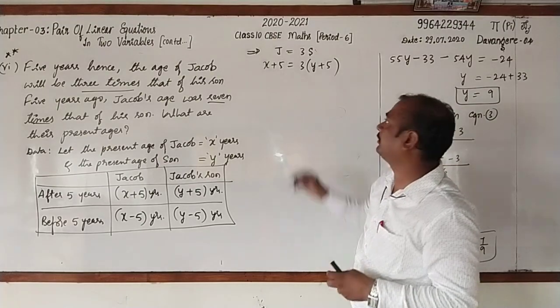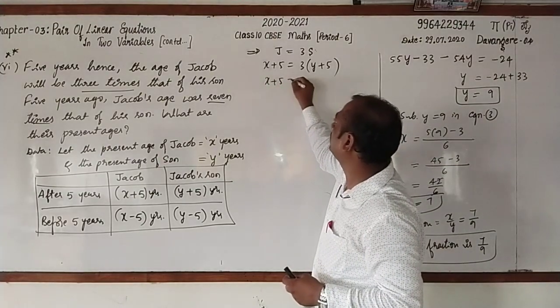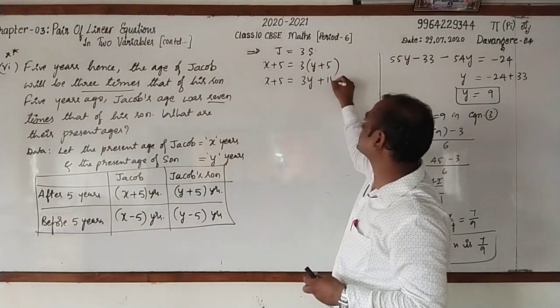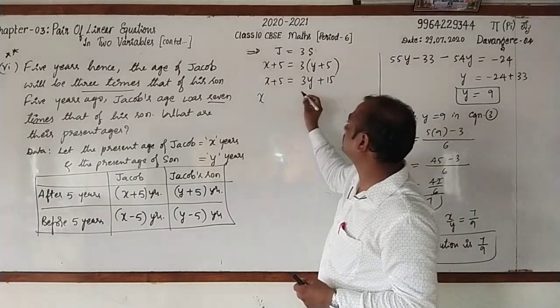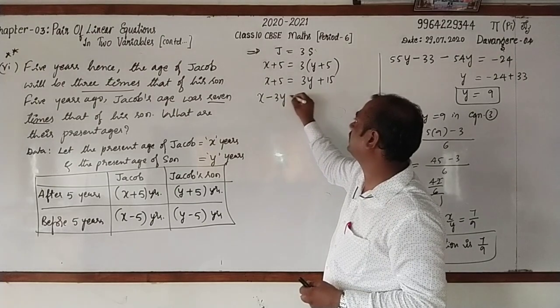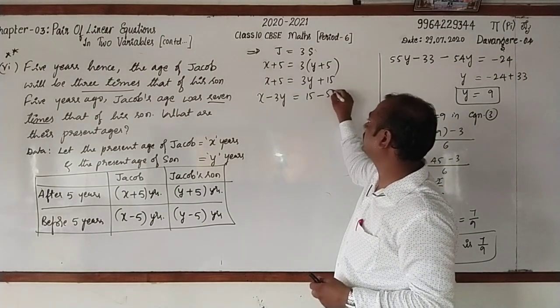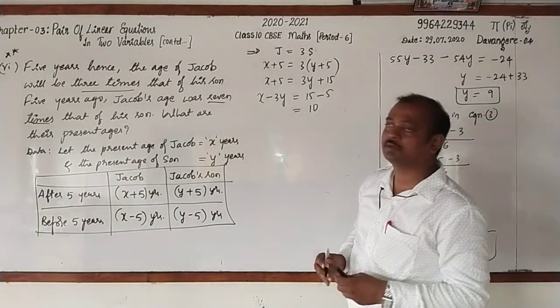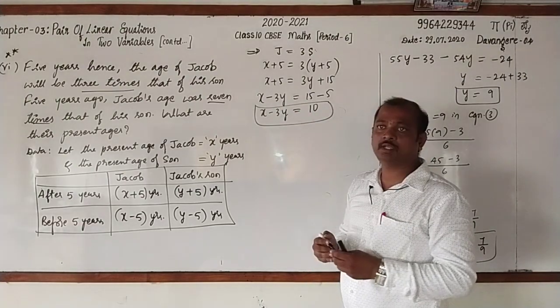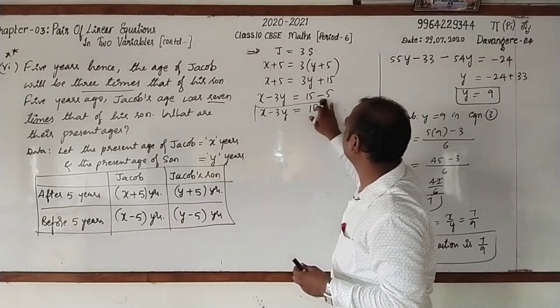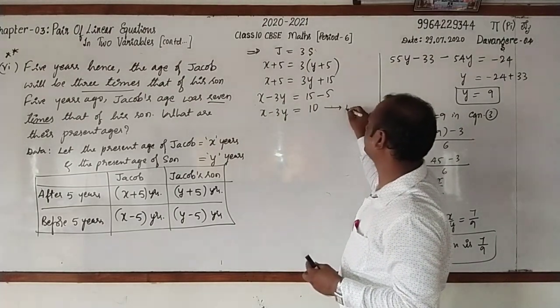Bring it to standard form. This is x plus 5 is equal to 3y plus 15. Next, transfer 3y to the left hand side. x minus 3y is equal to 15 minus 5. This is equal to 10. x minus 3y is equal to 10. You may call this the first equation.